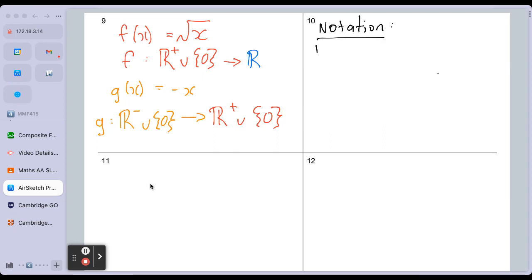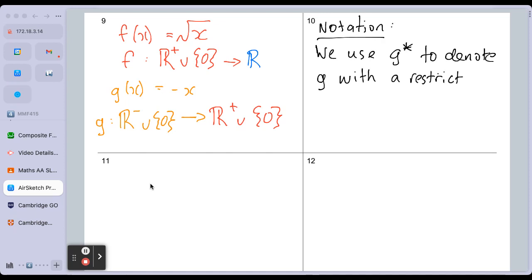So we put a little symbol to denote that the function is related to G, but not quite the same as G. We use G star, or G asterisk, to denote G with a restricted domain.